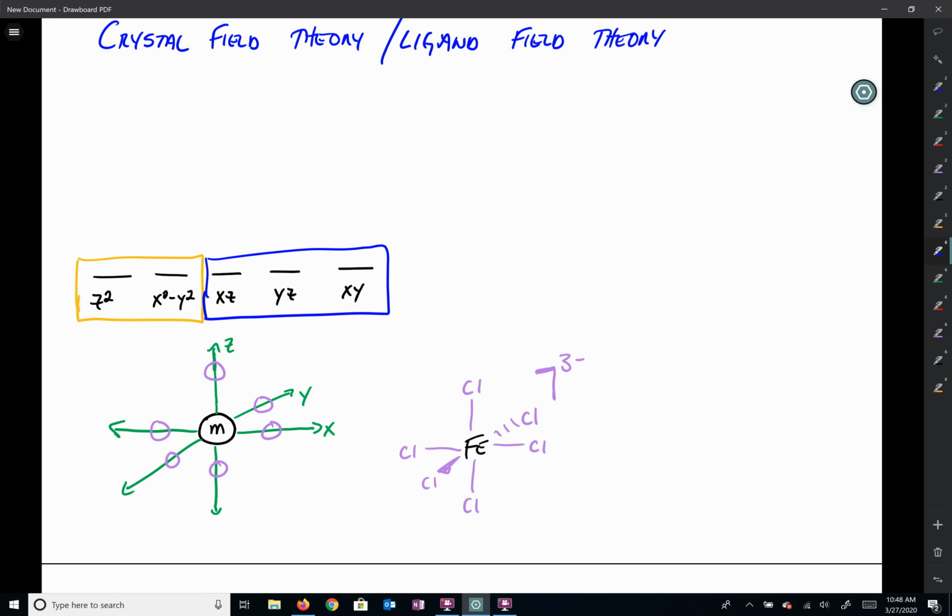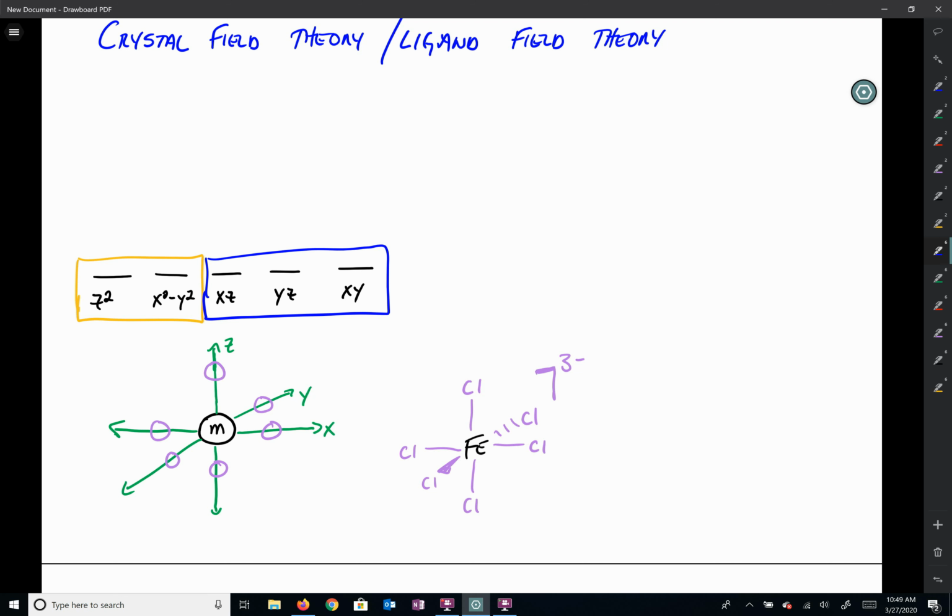The chlorides come on axis to make the strongest interaction with the z squared and the x squared minus y squared orbitals. So if it's not quite making sense yet, go pull up a picture of how the d orbitals look, and I'll post some links for you guys online.